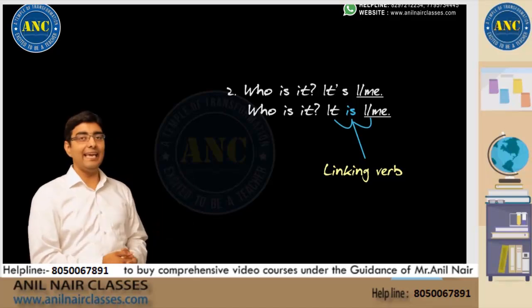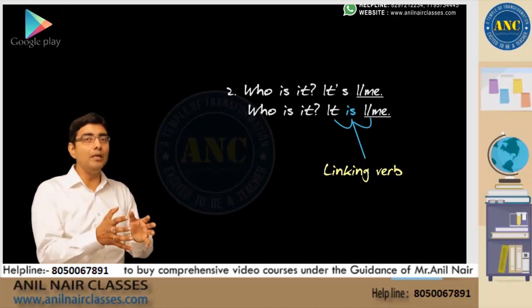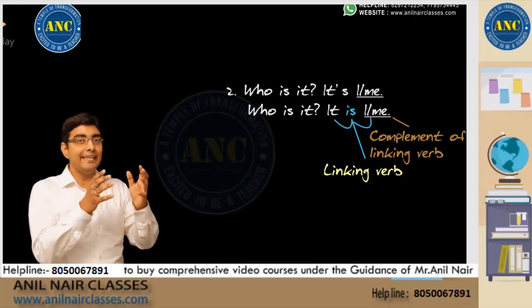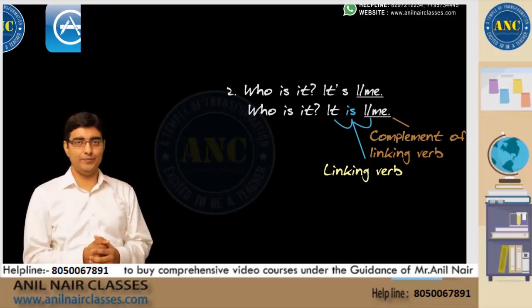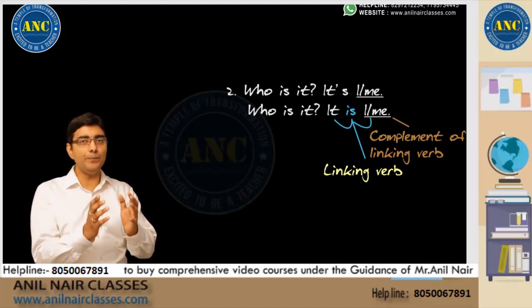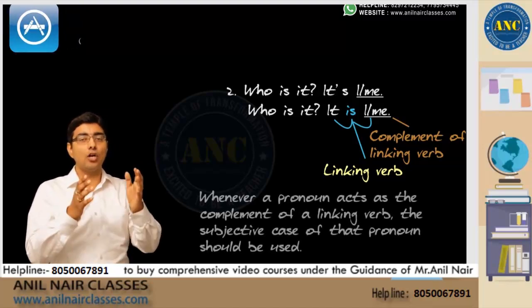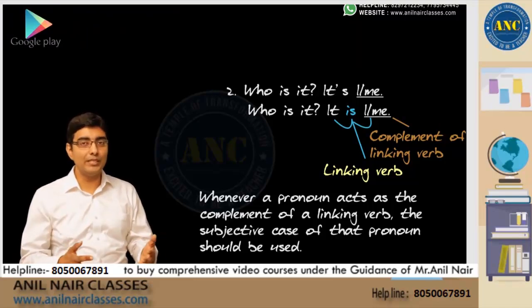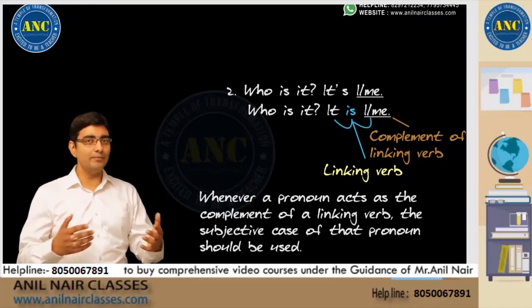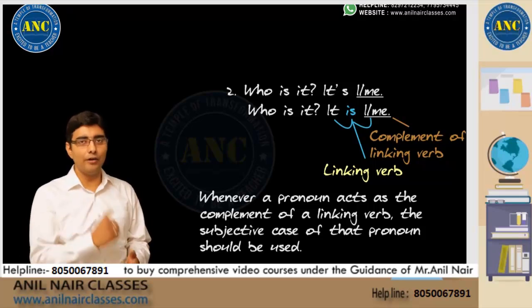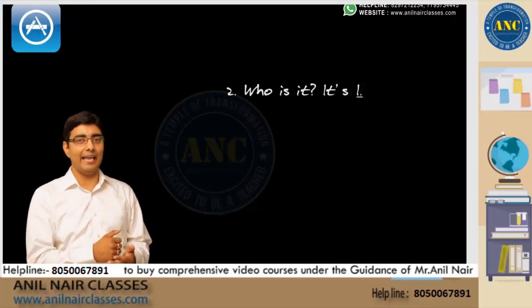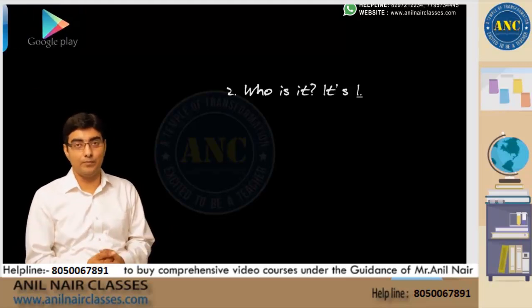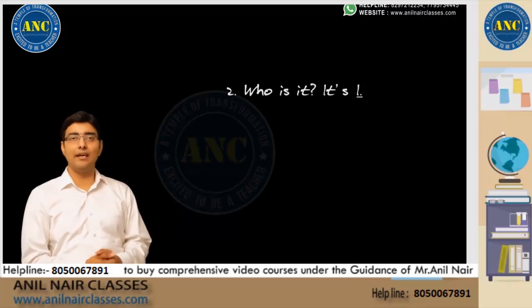And I or me is acting as the complement of that linking verb. It is completing the sentence. Right? So if any pronoun acts as the complement of a linking verb, you have to choose which case? Subjective case. So here the answer will be it's I and it's not me. Right? So you might be surprised, but yes, that is the correct answer.